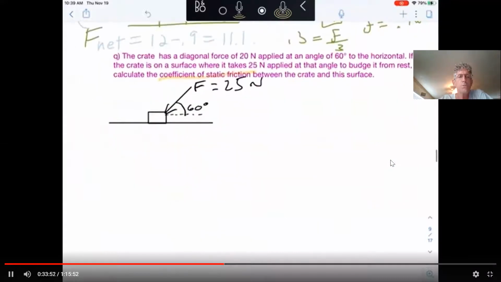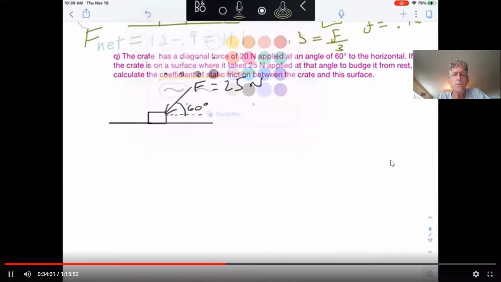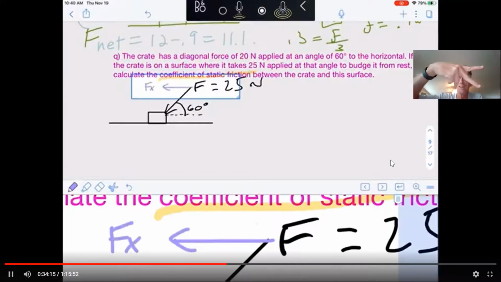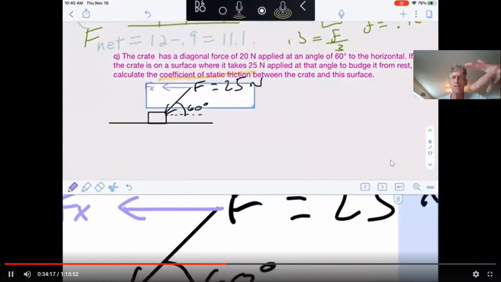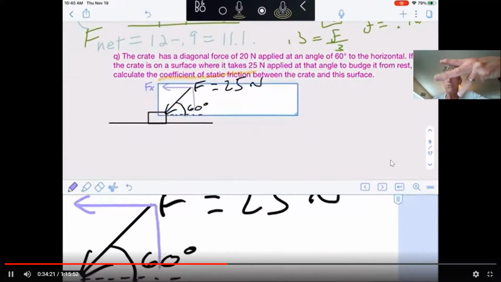Okay, so let's look at letter Q. Now these diagonal force problems, you've got to break the force into X and Y components. That's the first thing you have to do. Use the equations on your equation sheet. I do the three-finger rule. You've got the X and you've got the Y. Look where my fingertips are pointing.